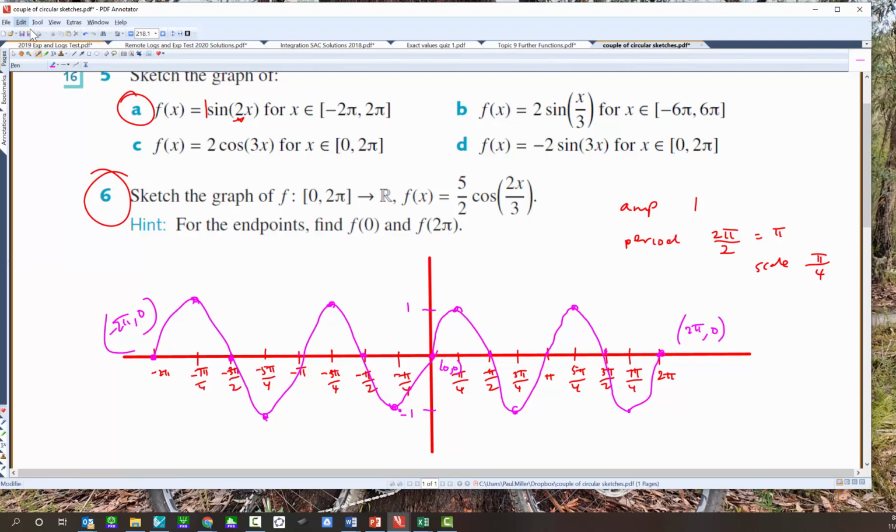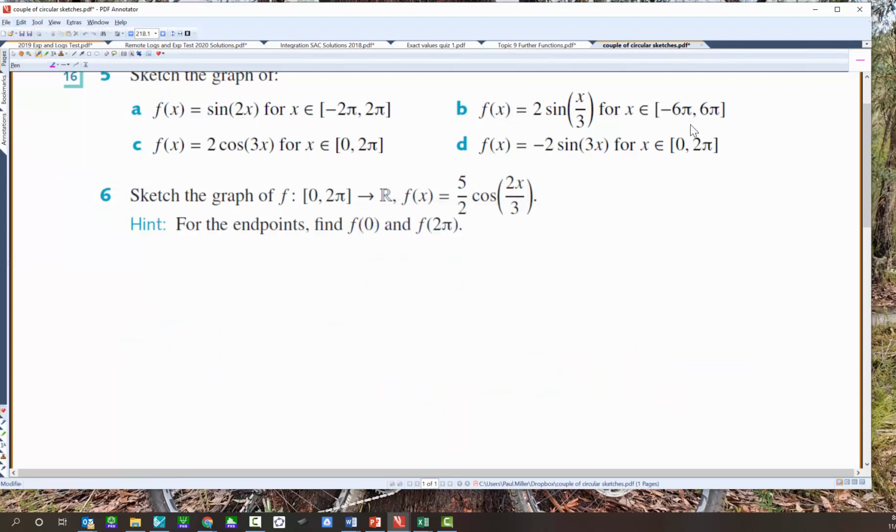All right, now I'm going to clear this off and do question 6. So what we've got here, we want to sketch the graph between 0 and 2 pi, and we want to get the endpoints, which is via f of 0 and f of 2 pi.